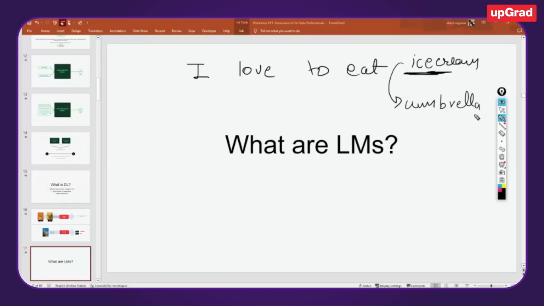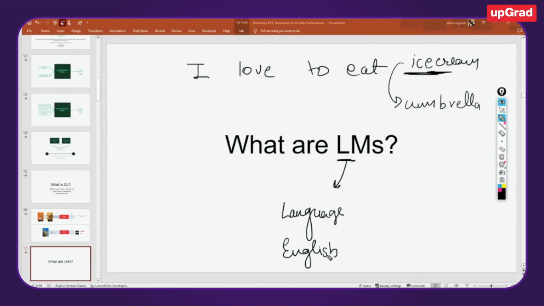Now, this is called a language model. The moment you say yes and no, you understood this part. A language model means it understands the language. More specifically, we will only deal with the English language right now. Generative AI is new, so it can majorly deal with English for now.